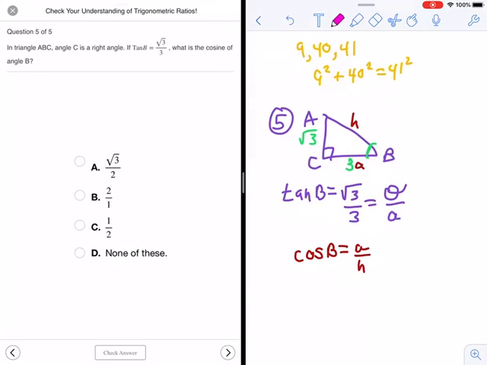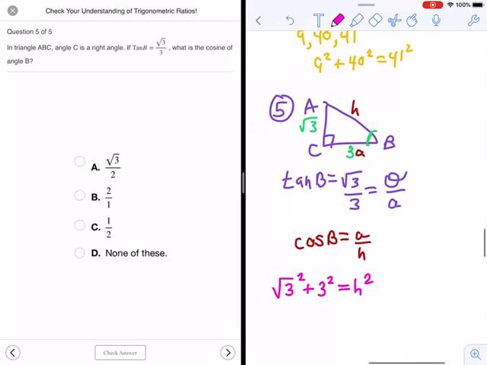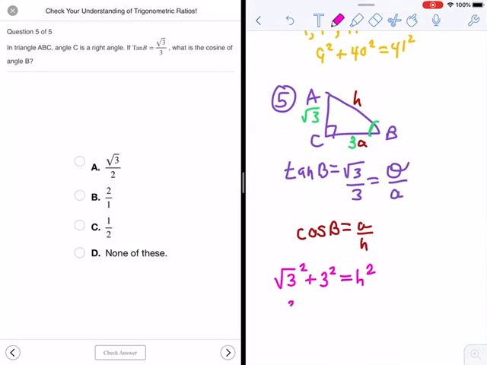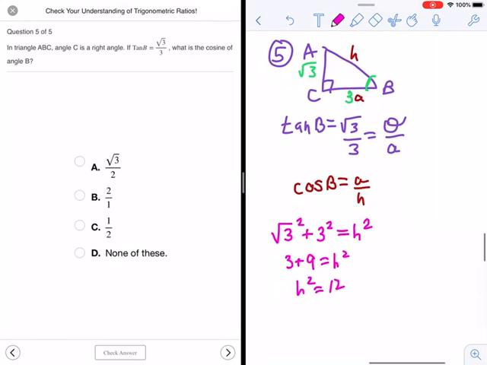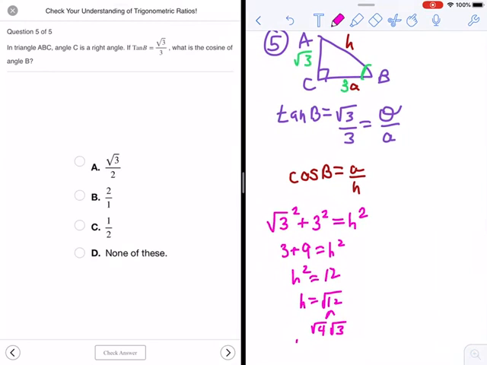Hopefully it's not going to be too crazy. We're going to have to do radical 3 squared plus 3 squared equals the hypotenuse squared. Radical 3 squared is 3, 3 squared is 9, h squared equals 12, h equals radical 12, radical 4 times radical 3, h equals 2 radical 3.